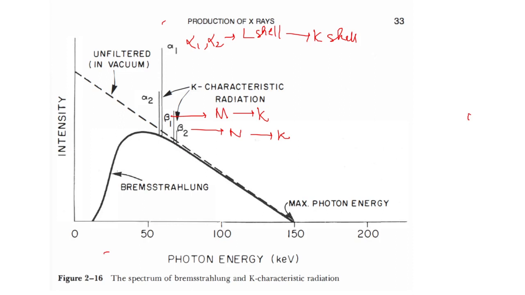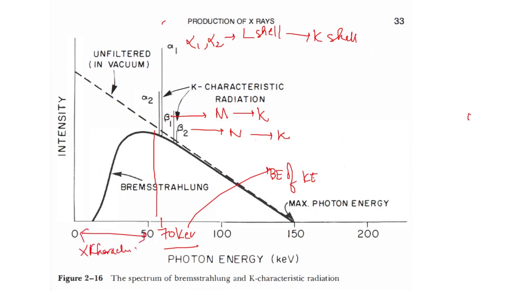According to this graph, the 70 kilo electron volts is the binding energy of the K shell. Below 70 kilo electron volts, there is no characteristic radiation seen.